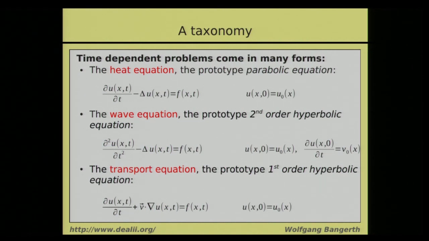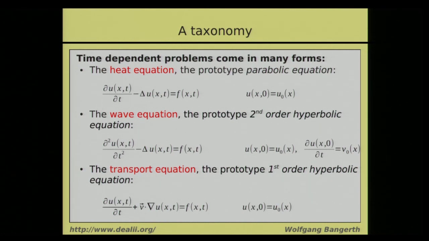So for the wave equation, we do not have these smoothing properties. Maybe the wave becomes smaller over time, gets attenuated, but it doesn't change its shape. So if you have a spike at the beginning or a discontinuity, the wave equation preserves this.